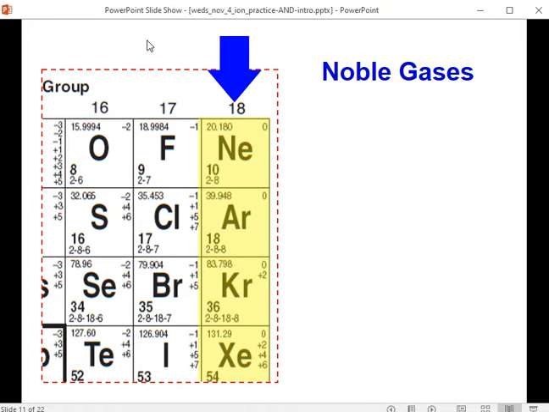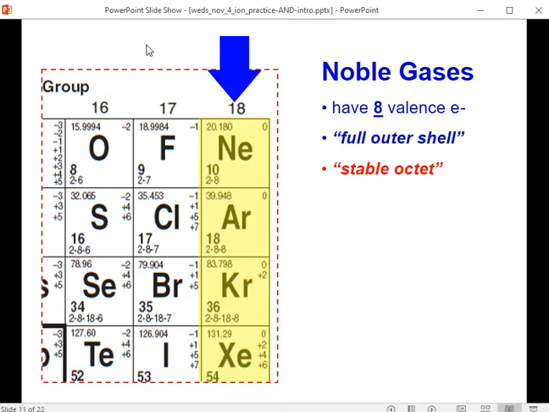Okay, another thing you need to know for this unit, Unit 3, is something from Unit 2. The noble gases, the elements that are in group 18, have 8 valence electrons, and we say that means they have a full outer shell. Or a new phrase that you'll hear me use is they have a stable octet. Octet means 8 valence electrons, like an octopus has 8 arms.